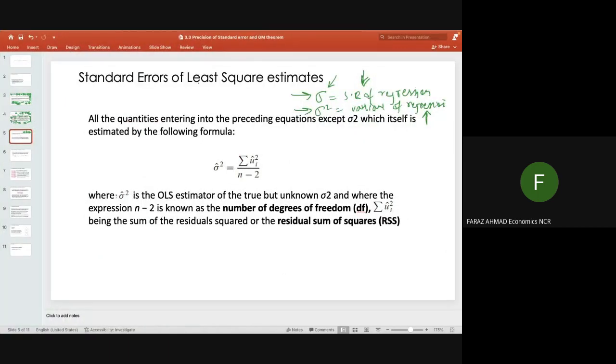All right. Now, the concept of sigma. Basically, whenever you run a regression, you have a sample, say 100 values of y and 100 values of x. And for each pair of y and x, you have a residual, and you call it ui hat.